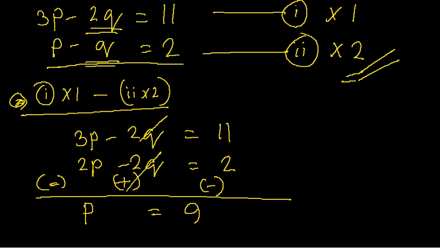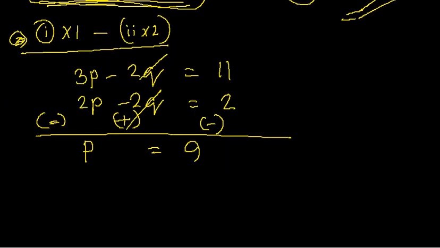If we substitute this value in equation 2, we will get the value of q. The equation 2 was p minus q equals 2.